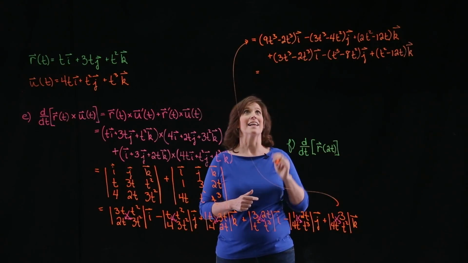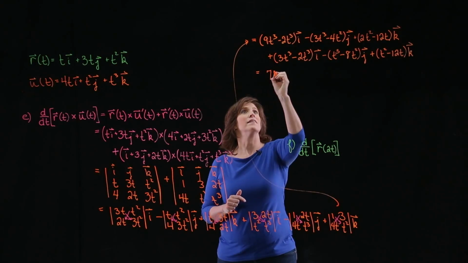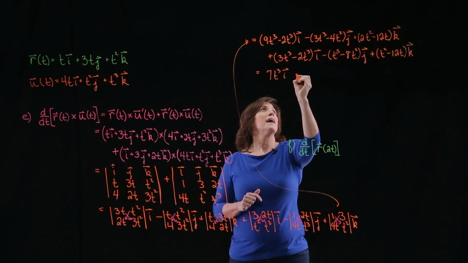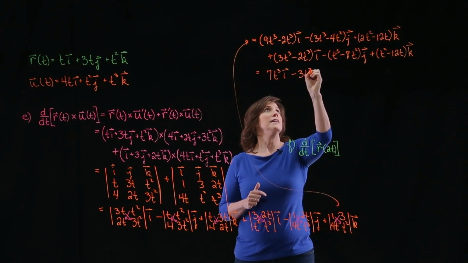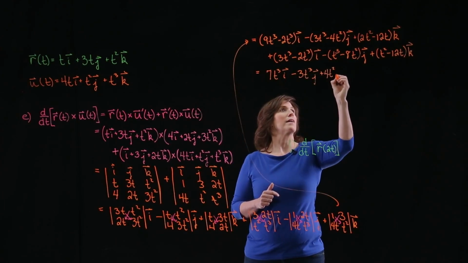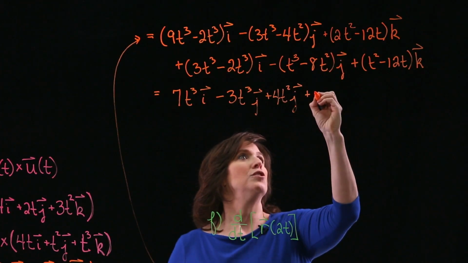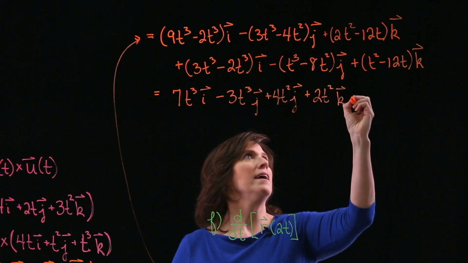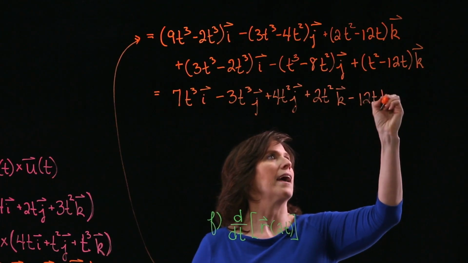We need to do some simplifying now. I have 9t cubed minus 2t cubed, so that's 7t cubed times vector i. This piece, I'm just going to distribute the j, make this minus a 3t cubed times vector j plus 4t squared times my vector j. I'll have a 2t squared times vector k minus 12t times vector k.